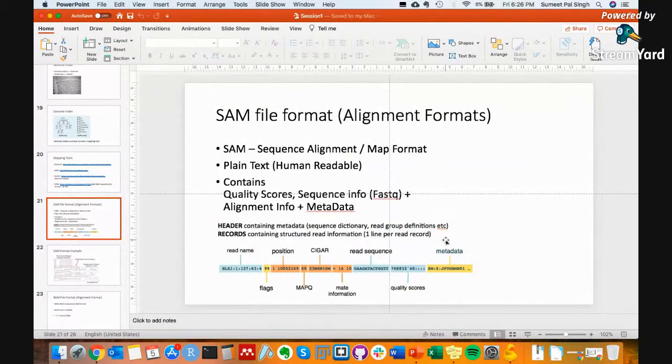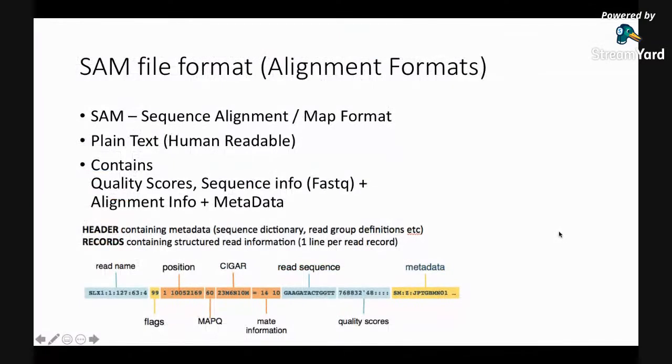So, once you have aligned your reads, you will get the output in 2 different formats. One is the SAM format, and the other one is the BAM format. SAM stands for sequence alignment map format, right?